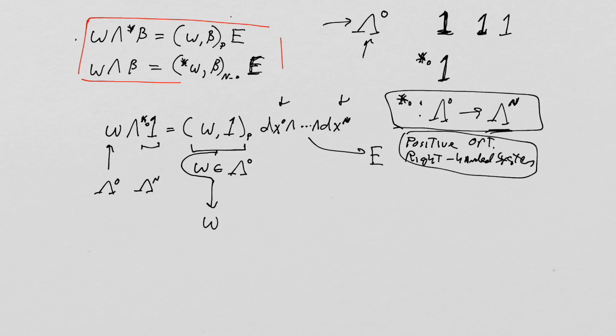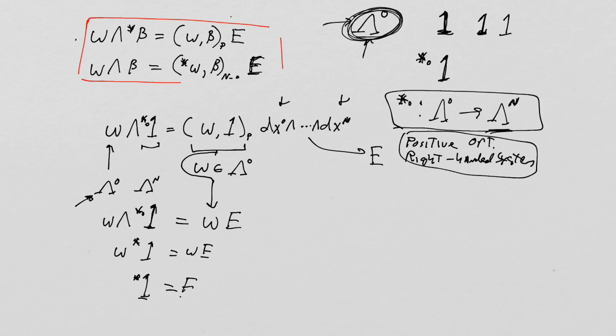So omega wedged with the Hodge dual of the unit of the zeroth exterior power has got to equal omega times E. Well, this ends up being omega, which is now a number because of its membership in the zeroth exterior power. Omega times the Hodge dual of 1 is omega times E, so the Hodge dual of 1 equals E. The Hodge dual of the unit equals E.